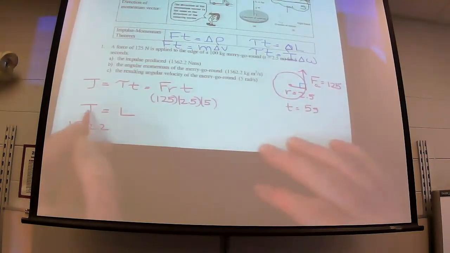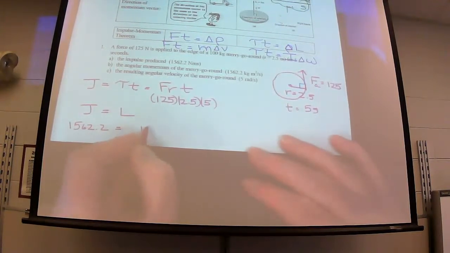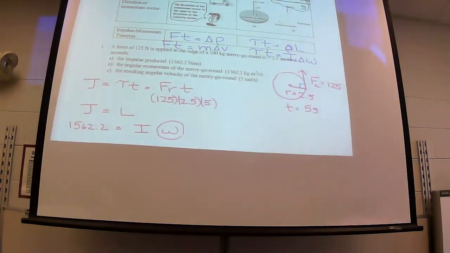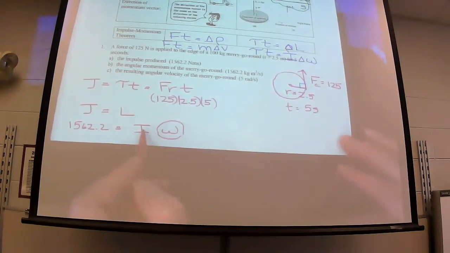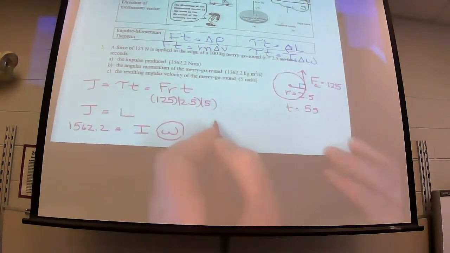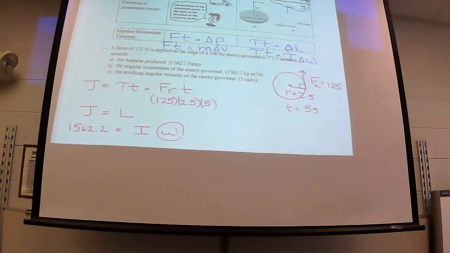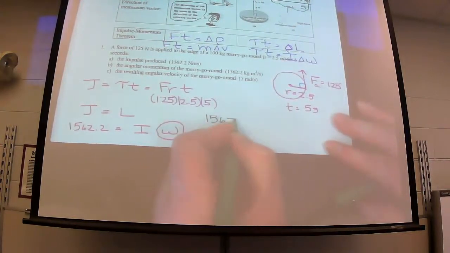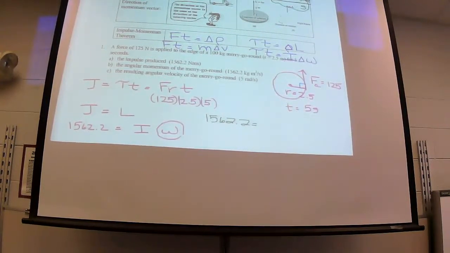So I have my impulse, and that's going to end up equaling the I omega. And what I'm solving for is the resulting angular velocity. All I got to do is figure out what I is. So I'm going to have 1562.2. And a merry-go-round is a disc.